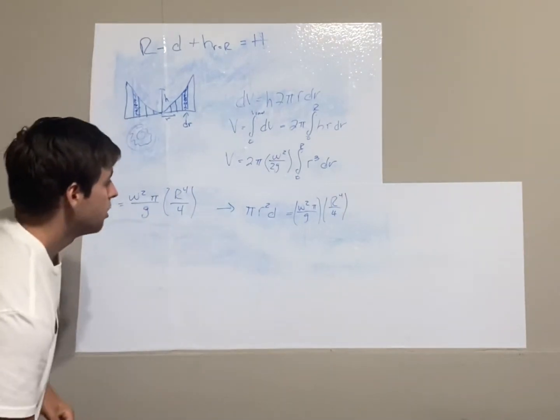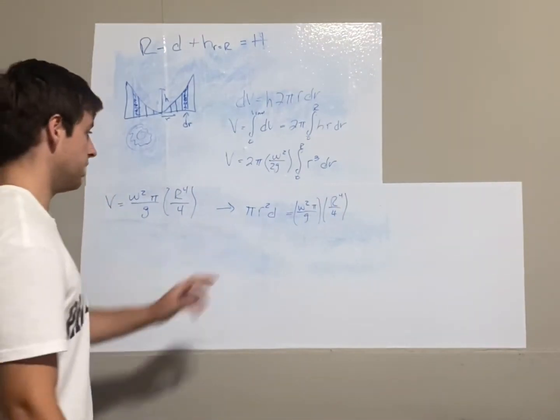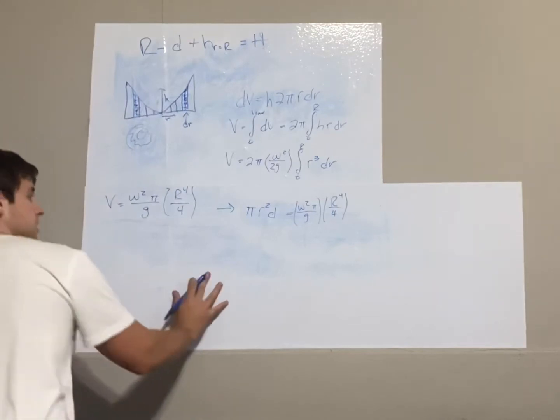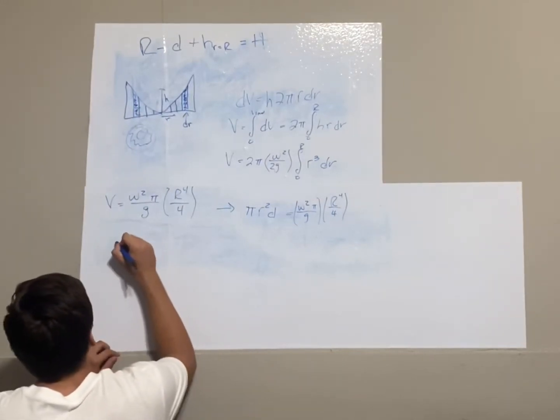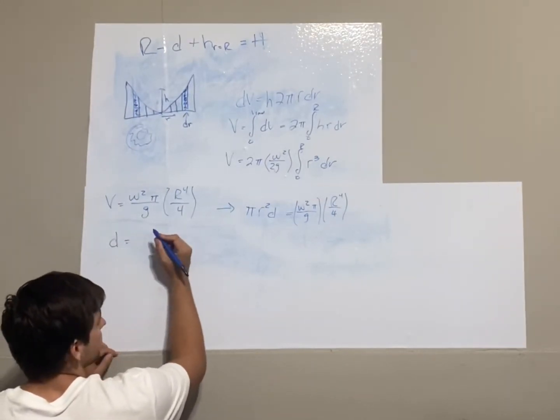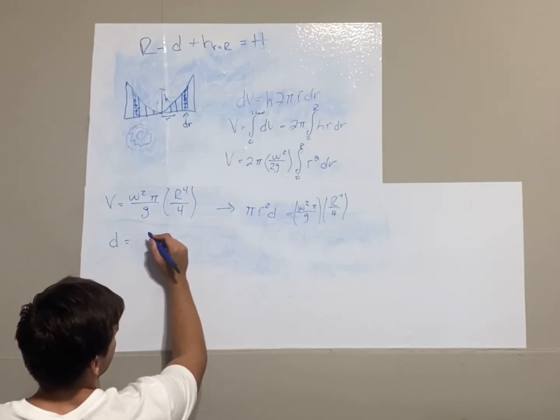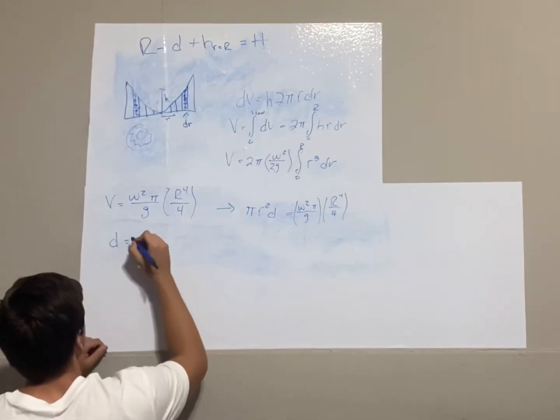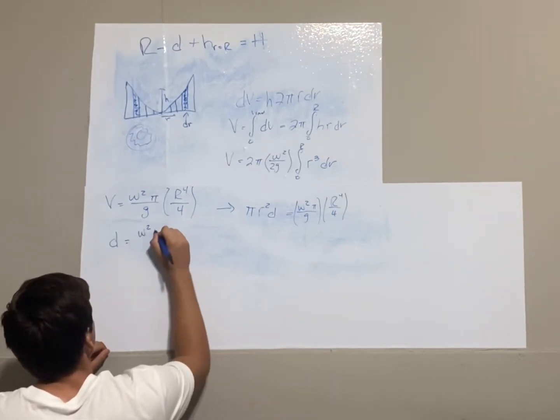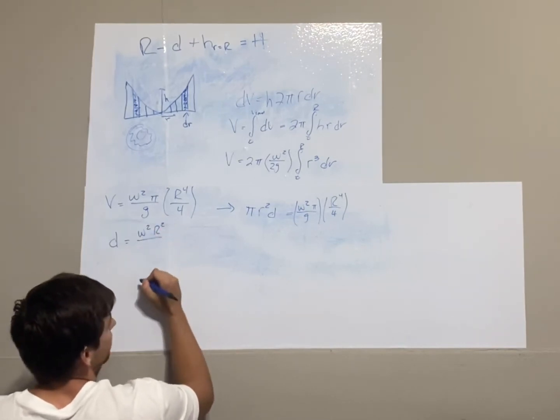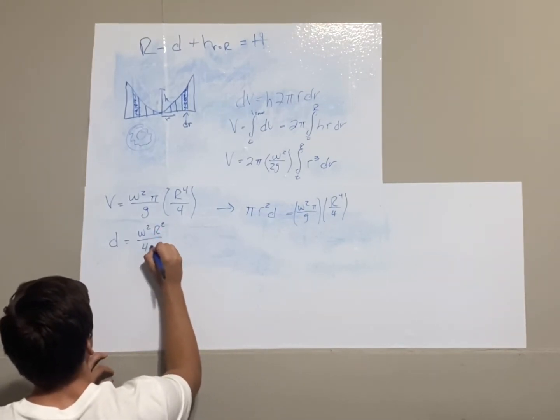Okay? So now from here, we're just going to solve for d. So eventually we can plug into this equation. So we get d is equal to, pi's cancel out, and those R's will cancel out. So we have omega squared big R squared over 4g.